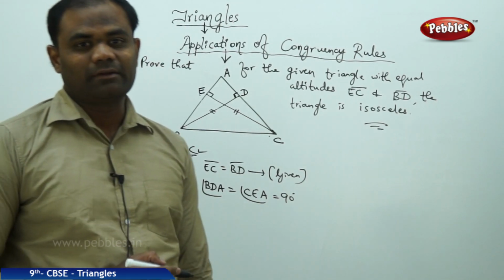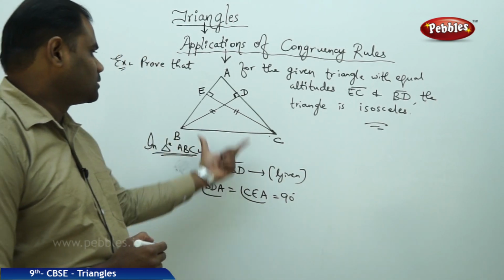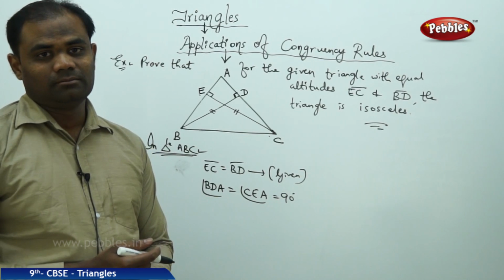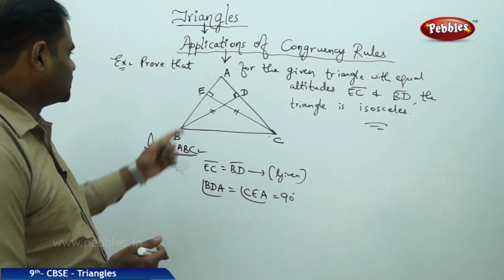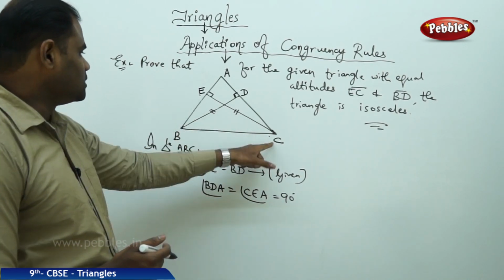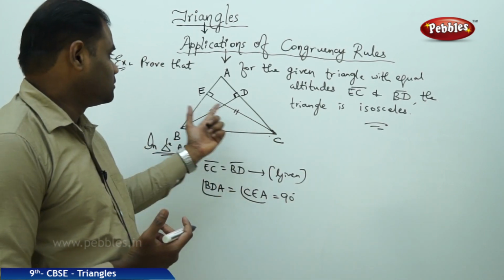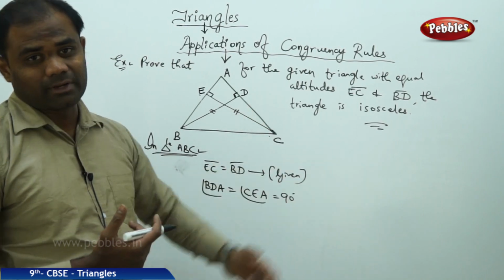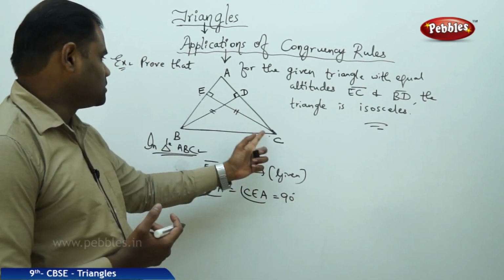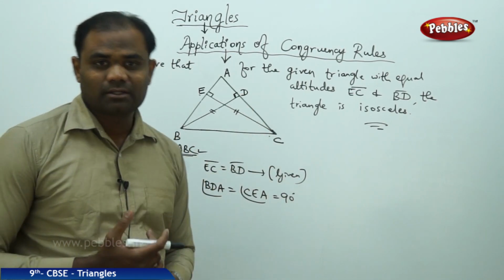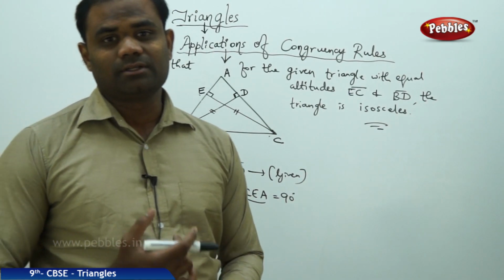That is how we have the two properties connected with the given problem. Now let me take the two triangles BEC and CDB, so that we prove that they are congruent. Let's consider BEC and CDB and prove that the two triangles are congruent to each other.